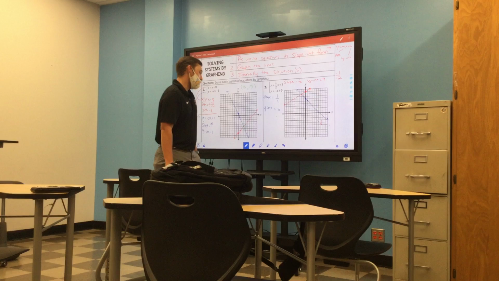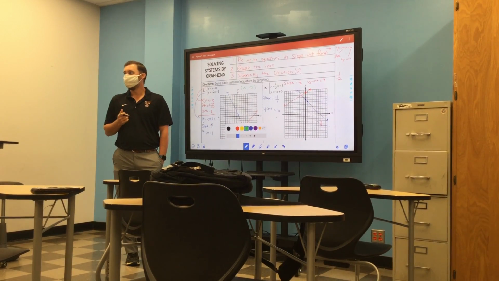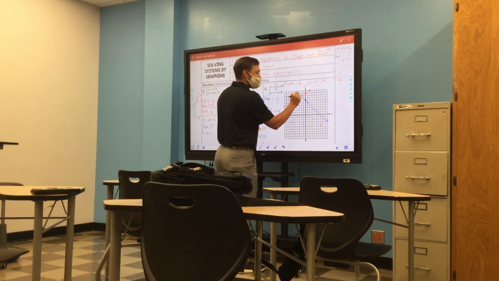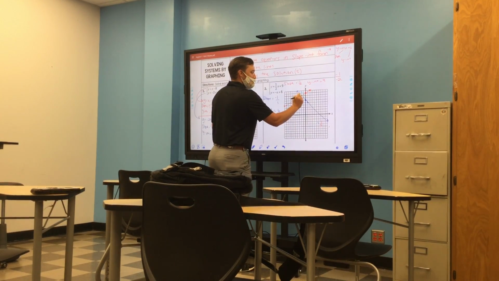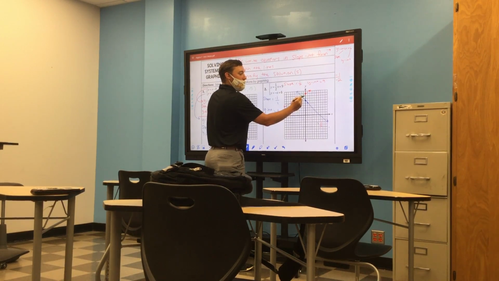So, again, here I have a what? Intersection, which means that I have one solution, right? That one solution is right there, at this point. Let's think about what this point is. Notice from my y-axis, I went left, 1, 2.